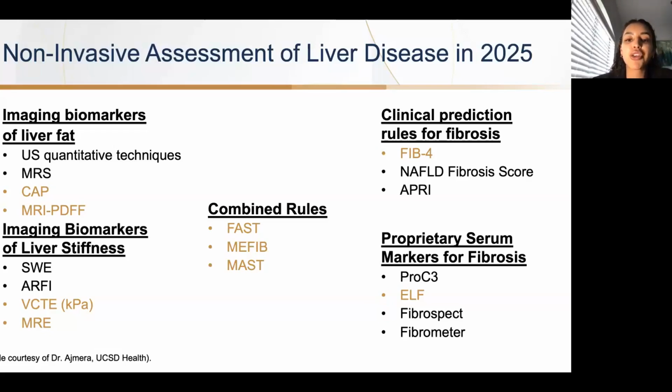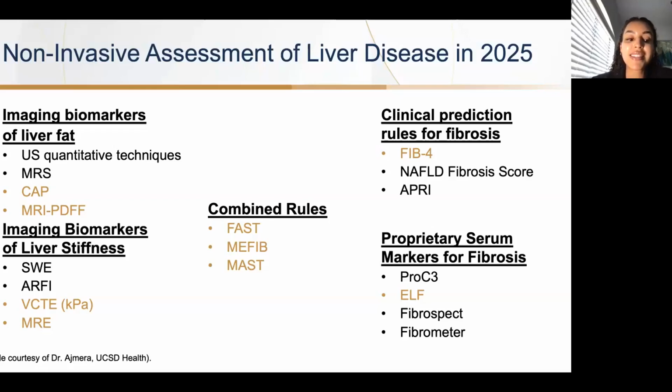So there are some biomarkers that we can use for different ways to glean information on this patient. We can use biomarkers to evaluate fat, and those are things like the ultrasound, the quantitative techniques. We can measure steatosis on MRI. We can do CAP on our FibroScan, and we can do MRI PDFF.